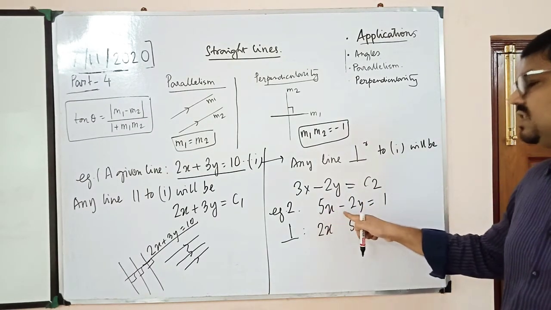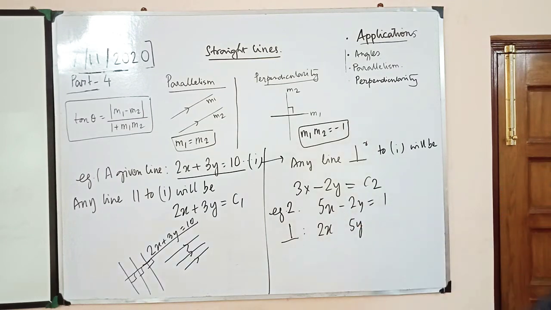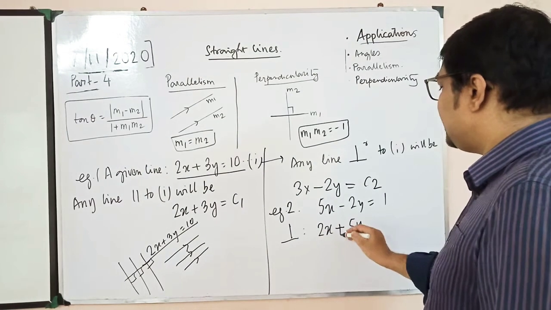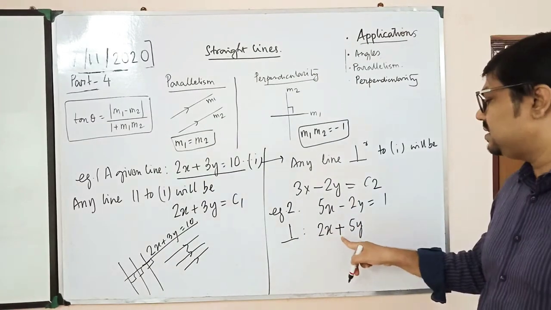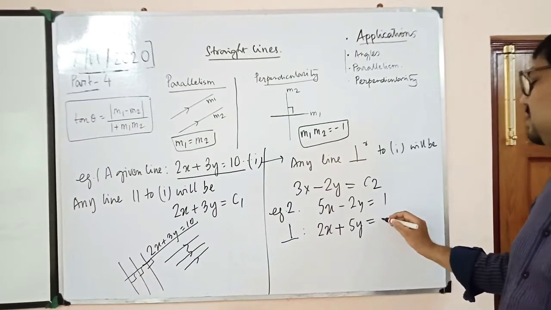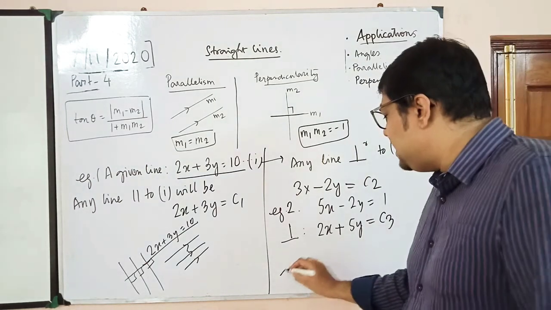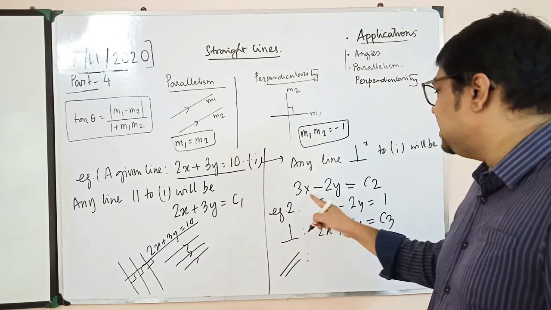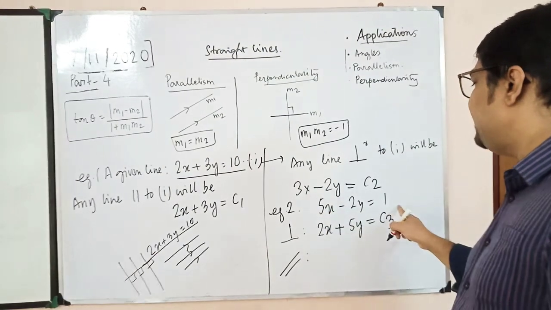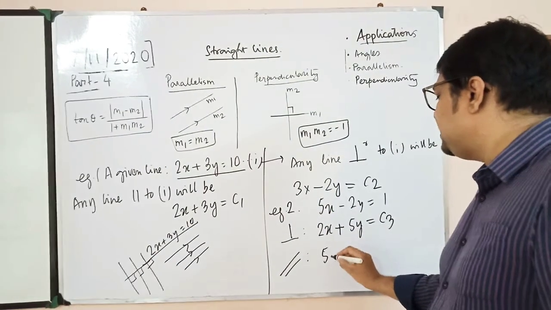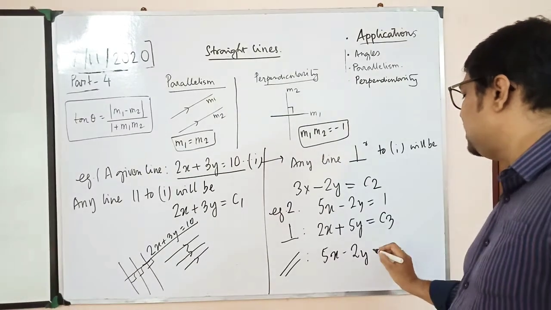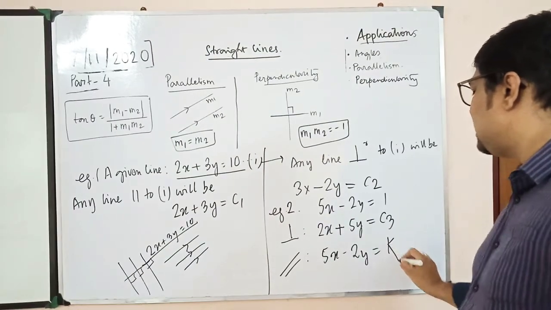This is plus 5, this is minus 2. If different signs are there, we put the same sign. So I will write a plus. It becomes plus 2x plus 5y equals some constant like C3. And a parallel line of this 5x minus 2y, I will retain the same coefficients and write another constant.